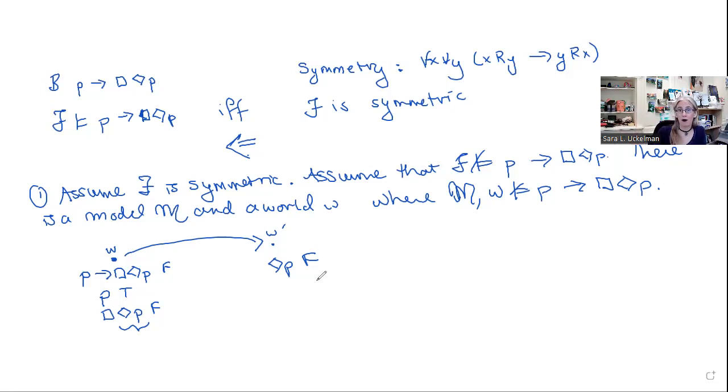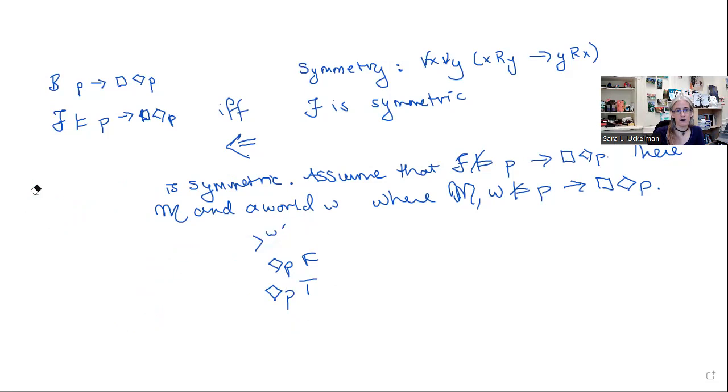Except, remember that we are assuming that the frame is symmetric, so W prime can see W, but P is true there. This means at W prime, P is possible. And look at that, we have our contradiction. It can't be the case that possibly P is both false and true at W prime. So that is the right to left direction.